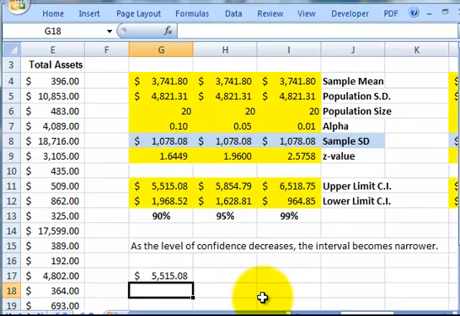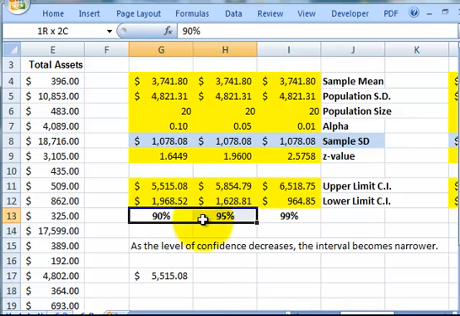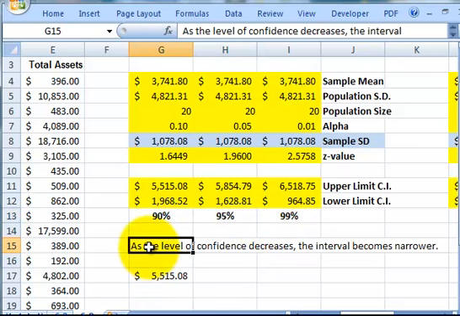And there's our 5,515. The point I'm trying to make here is that as our confidence level increases, our interval will widen. Another way of saying it is, as the confidence level decreases, our interval becomes narrower.